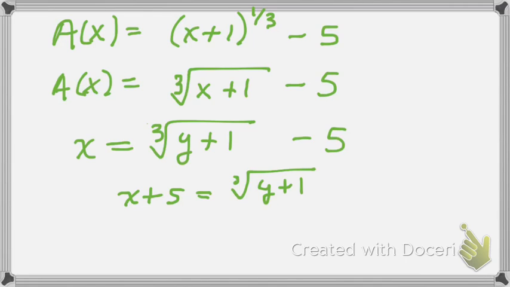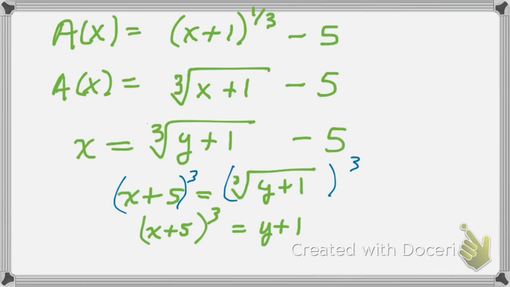Cube both sides. To get rid of a cube root, you need a cube, right? So if I cube both sides, now I've got y plus 1 equals x plus 5 cubed. I'm just going to leave it like that. y is almost by itself. Bring the 1 over. I've got x plus 5 cubed minus 1.